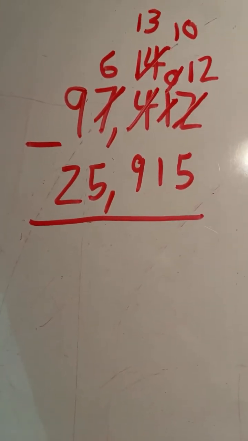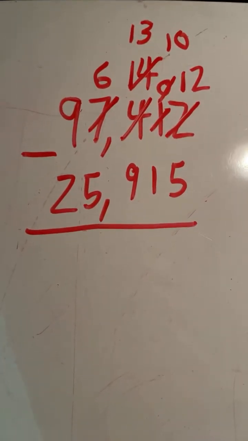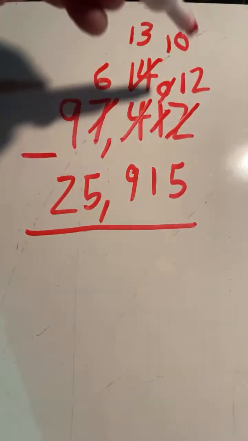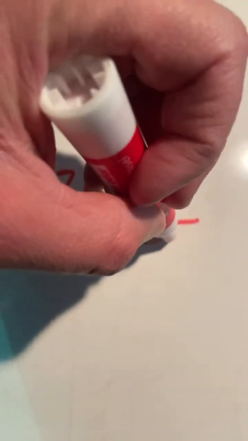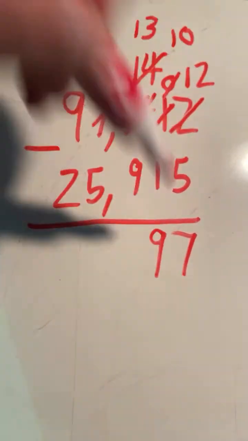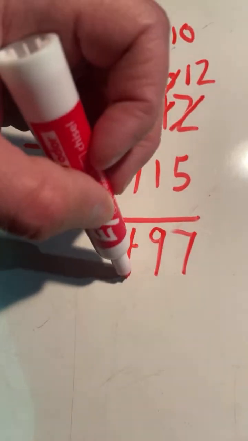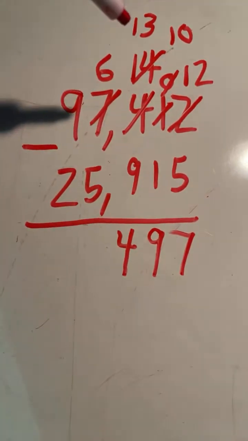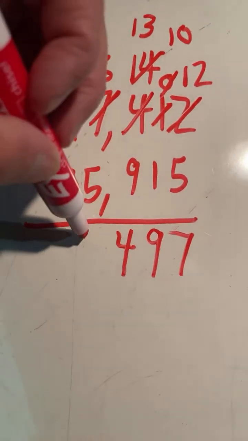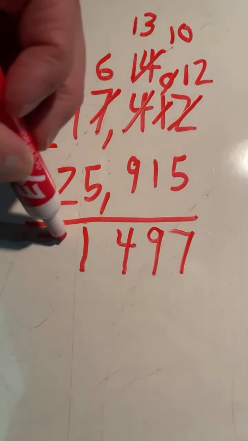And now we are ready to subtract. So starting from the digits all the way in the ones place, 12 minus 5 equals 7. 10 minus 1 equals 9. 13 minus 9 equals 4. 6 minus 5 equals 1. 9 minus 2 equals 7.